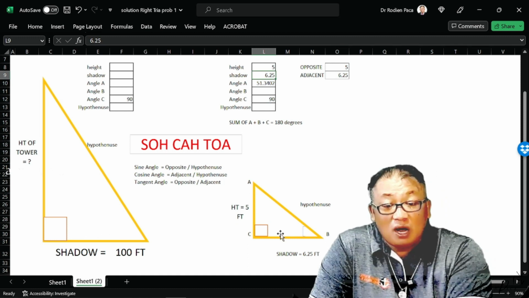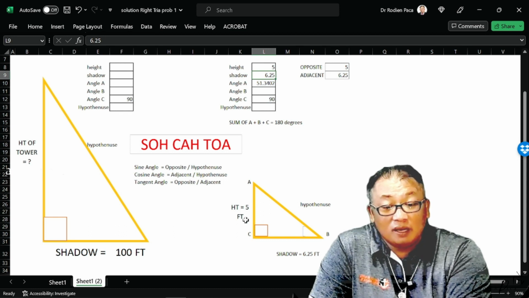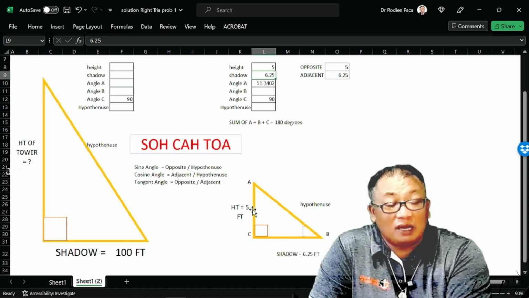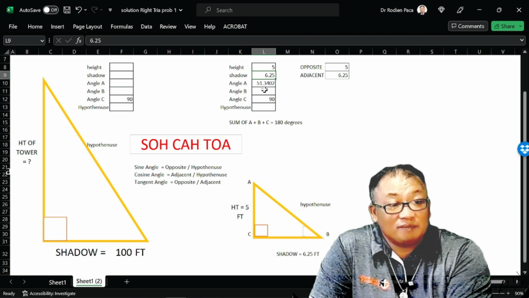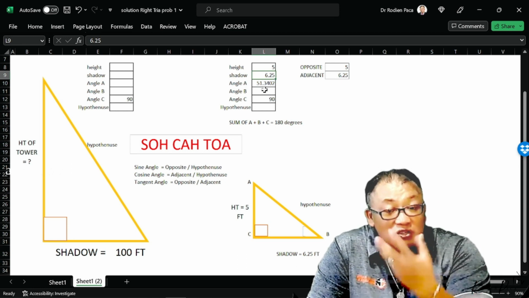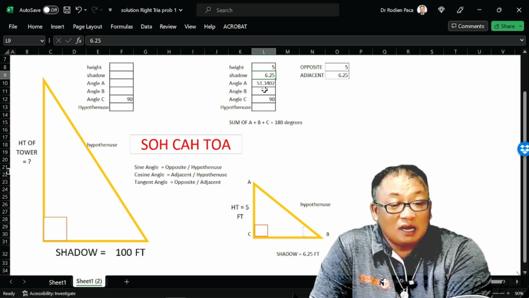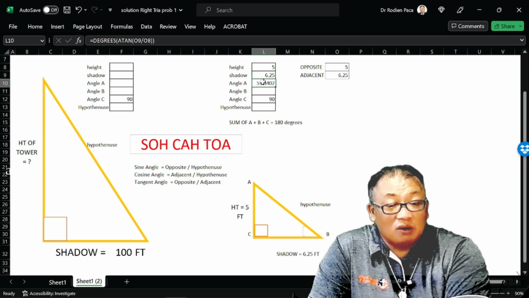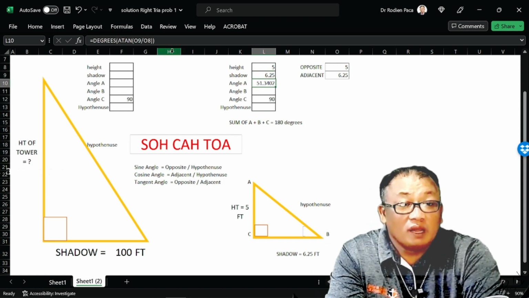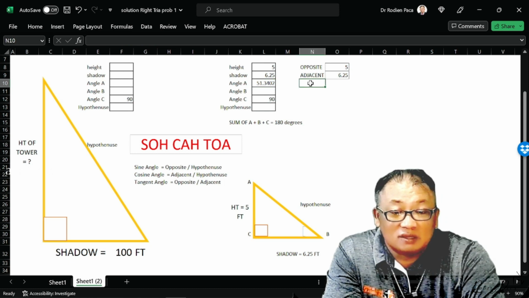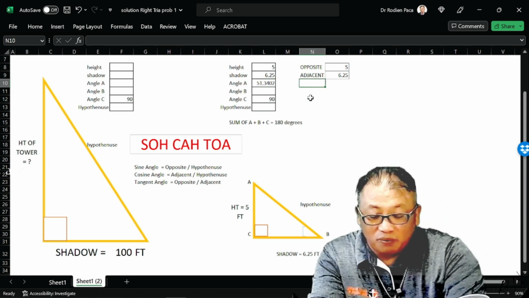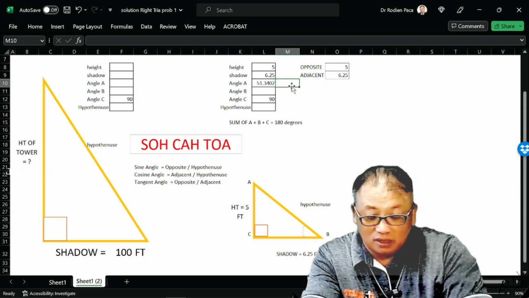Now, SOHCAHTOA: if this is opposite and this is adjacent, we're talking about tangent. Opposite over adjacent. The tangent of an angle will give you the angle. Let's solve this one. In Excel, you can just write degrees. Equals degrees, this is the Excel formula for getting this one.